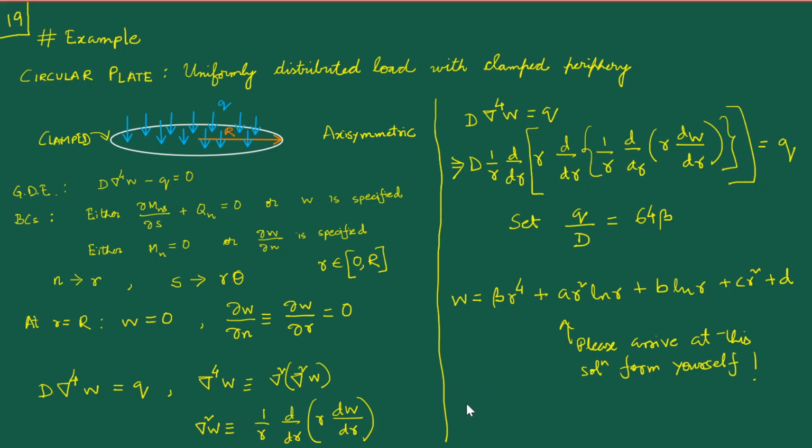Okay, so at r equal to 0, W should be finite. This is what we say. This is the first condition we actually impose. So this itself acts like a boundary condition. At r equal to 0, W should be finite, and this implies that B must be 0.